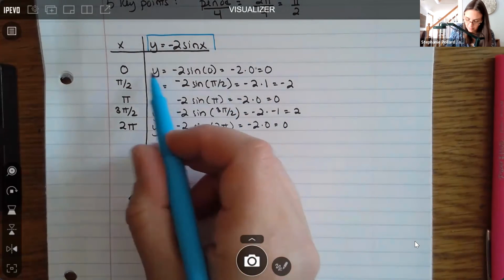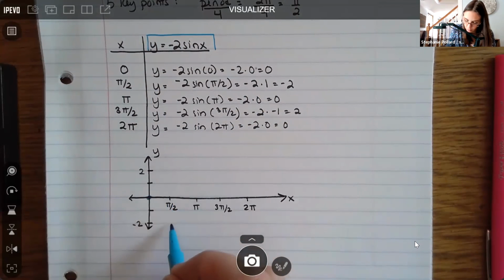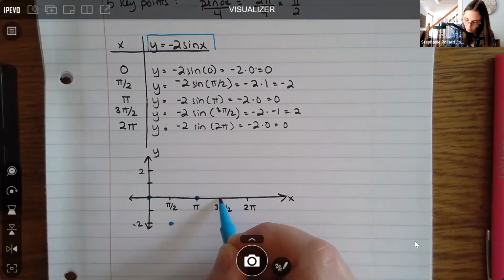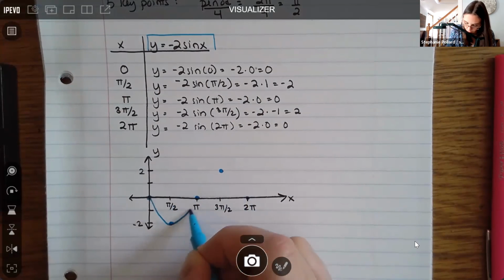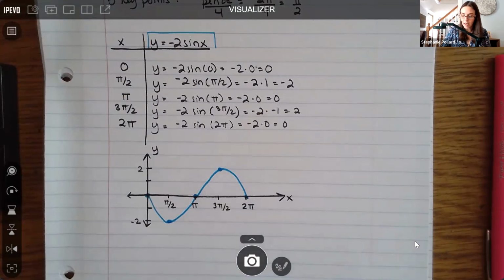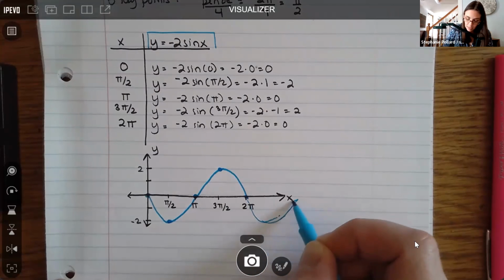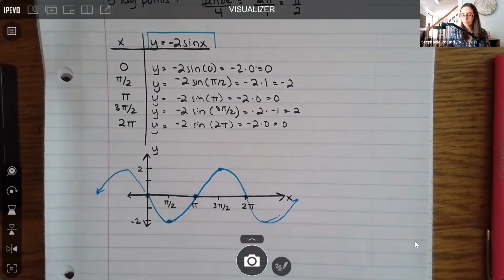So my first point is 0, 0. And then at pi over 2, I'm at -2. At pi, I'm at 0. At 3 pi over 2, I'm at +2. And then I'm back to 0. And again, I'm just graphing it from 0 to 2 pi, but you know, this does keep going. You know, my graph's kind of lousy here, but it does keep going. It's going to keep seeing that same pattern.